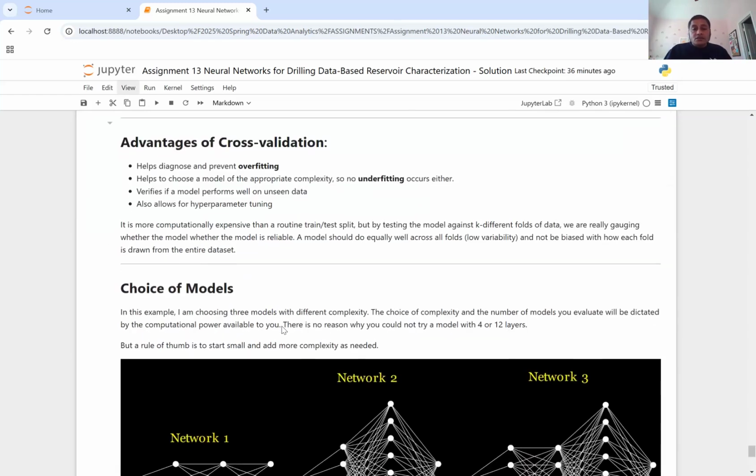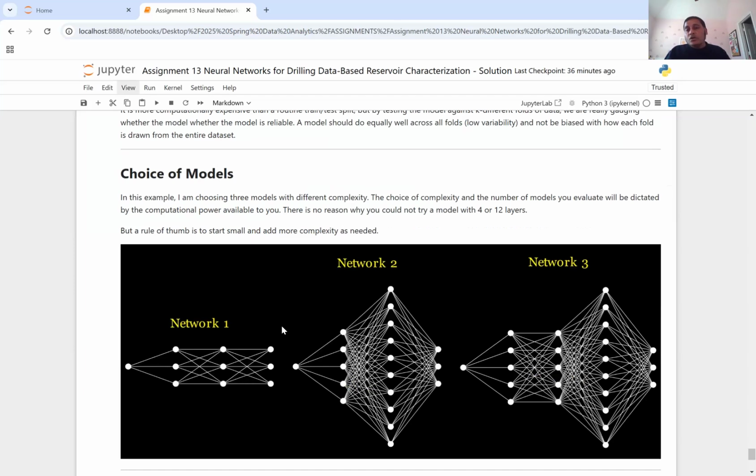Okay, so for this task, I'm going to be choosing between 3 different neural network models. I have network 1, I have network 2, and I have network 3. For the purposes of illustration, I'm just showing one input node, but really I have 7 input nodes corresponding to each one of the 7 input features.